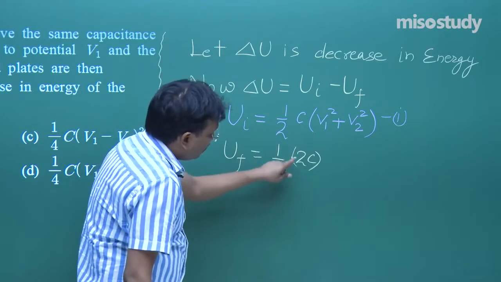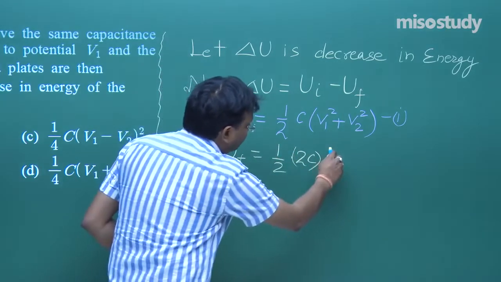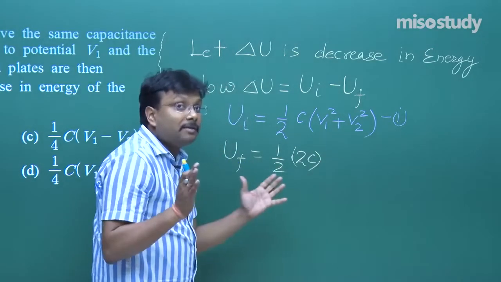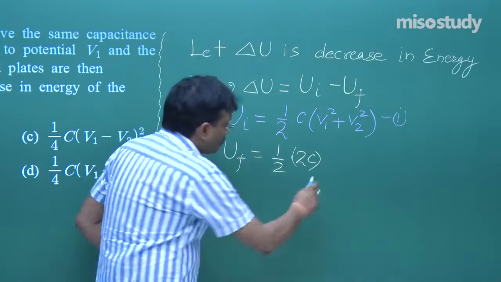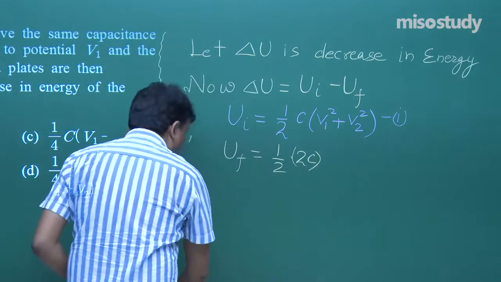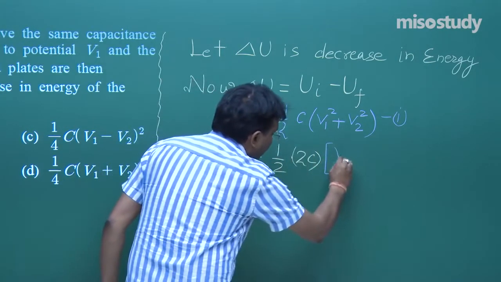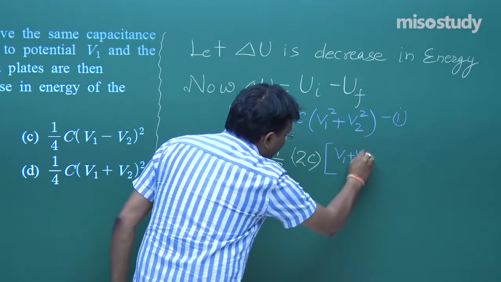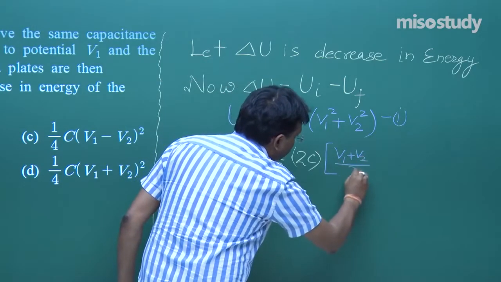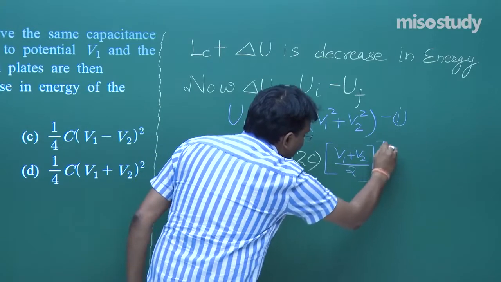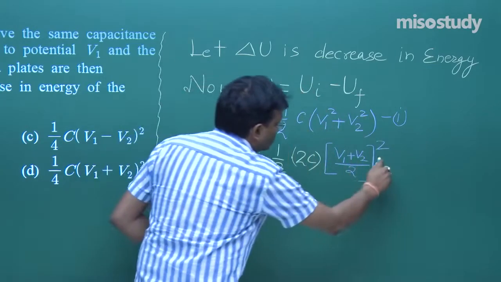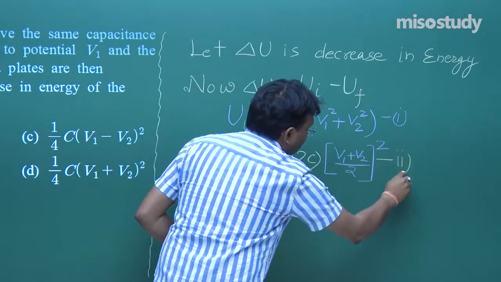So, half into 2C, and when you connect it, the potential will change, which you can write as V1 plus V2 by 2 whole square. This is equation number 2.